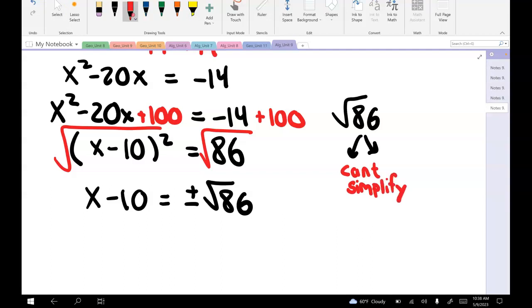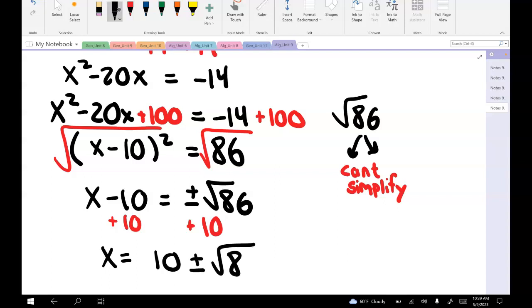Then our last step: add 10 to both sides. So x is equal to 10 plus or minus the square root of 86.